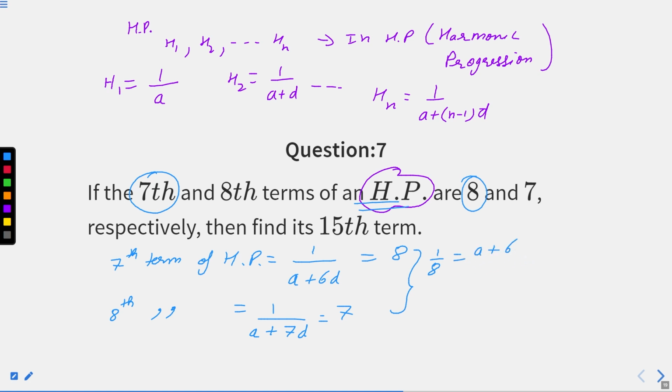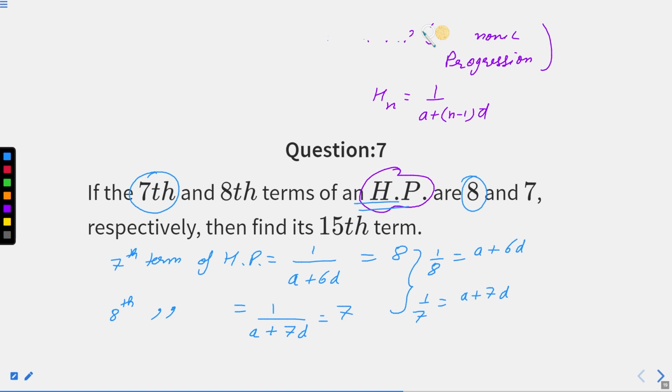This A plus 6D is 1 by 8 and 1 by 7 equals A plus 7D. Okay, I am clearing the above part so I can write freely and without any mess. So you understood up till now.